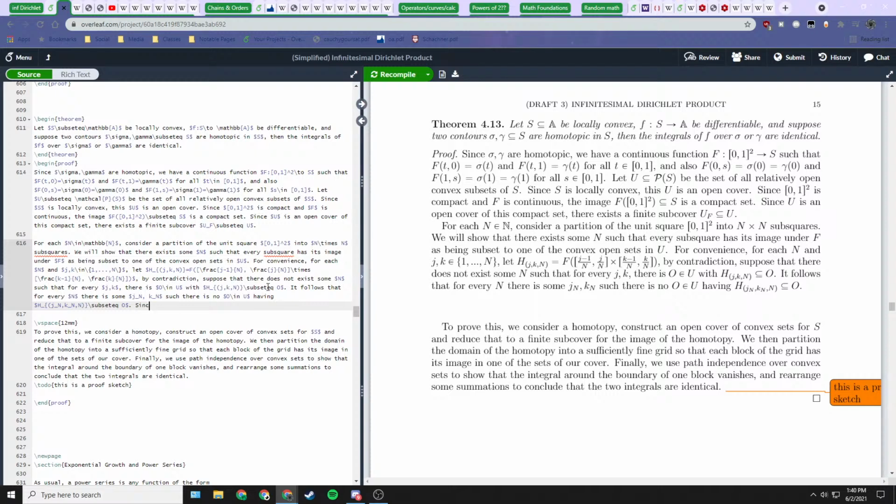Actually, let's change our coordinates a little bit to make this a little easier on us. We'll do a 0 indexed.